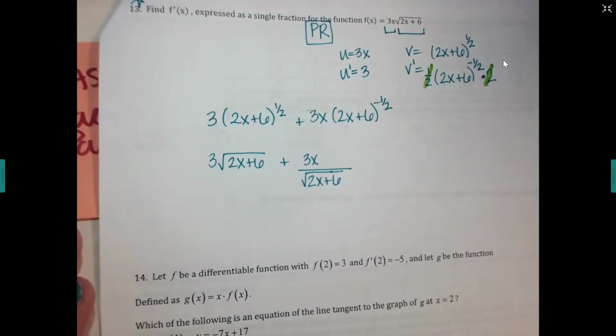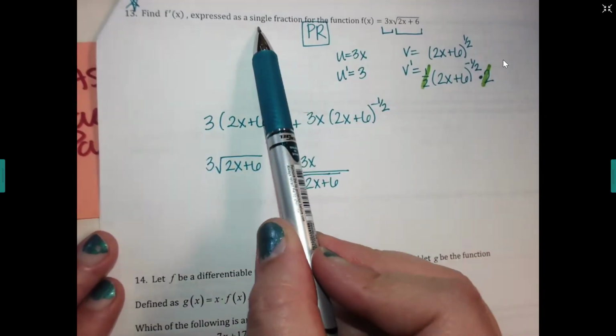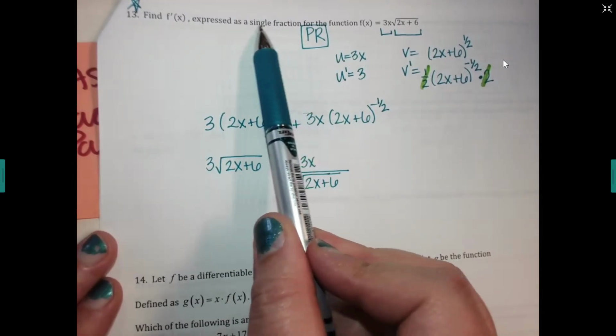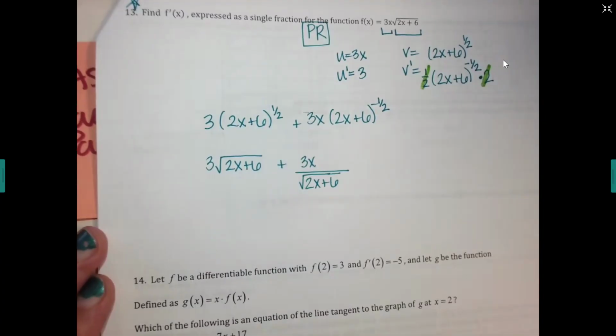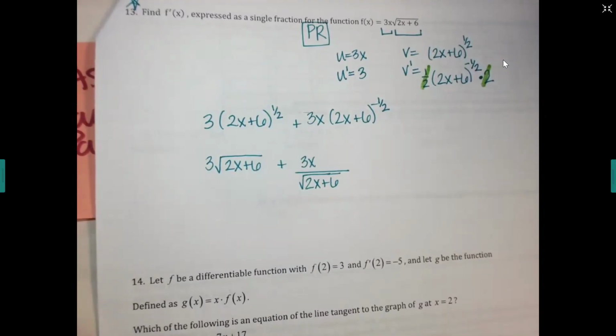Okay, and then the answer choices for this question are going to be presented as a single fraction. So that just means it even says on there you have to get a common denominator. So what would I need to times the first fraction by so that the bottoms can match?